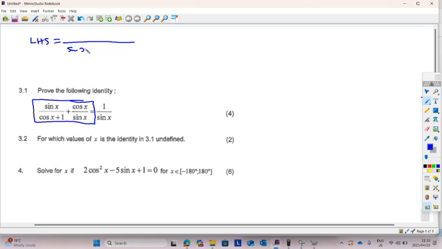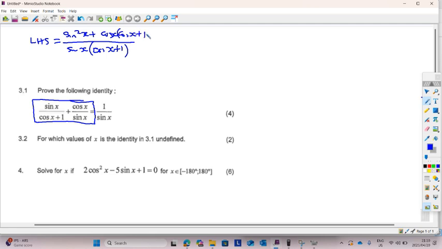It's sine x bracket cos x plus 1, and then this is our common denominator, LCM, and then multiply this by that to get sine x squared, and then there's a plus, multiply this, and that we have cos x multiplied by cos x plus 1, close the bracket.